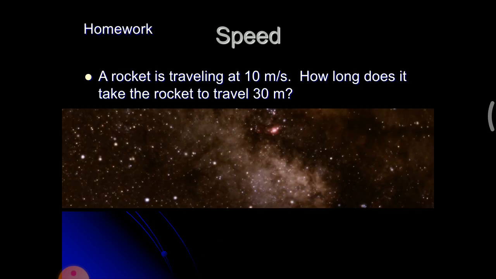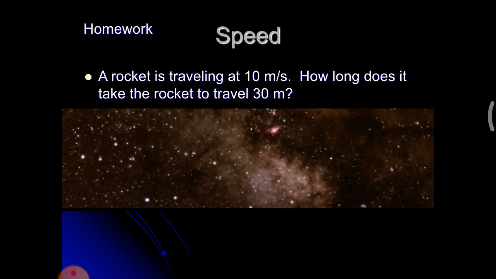This is homework for you. You have to calculate the speed for the given sum. A rocket is traveling at 10 meter per second. How long does it take the rocket to travel 30 meter? Dear student, understand this question.